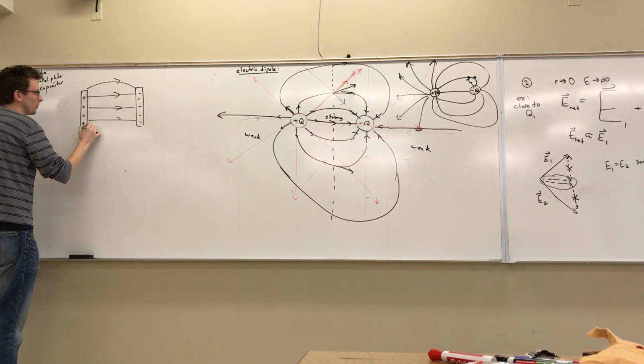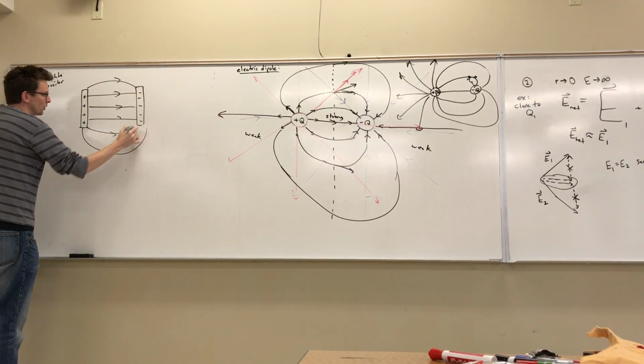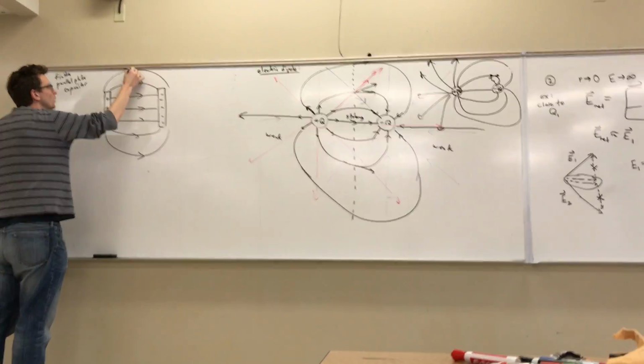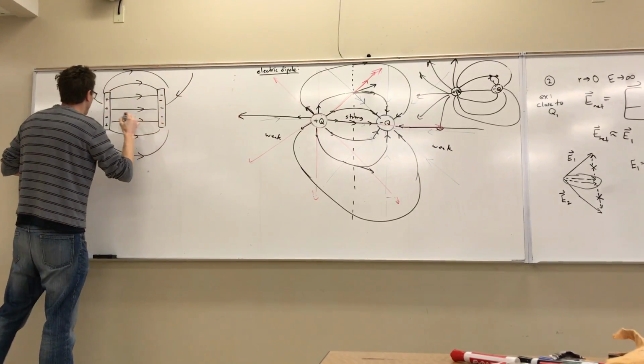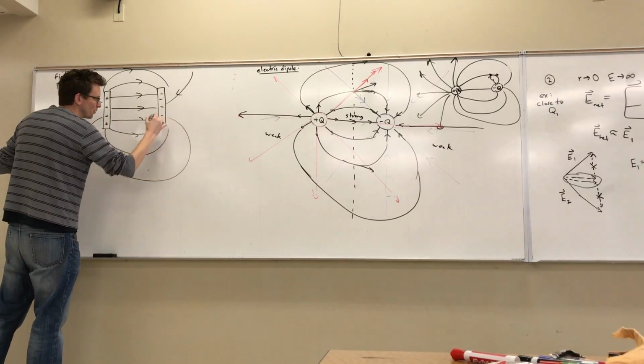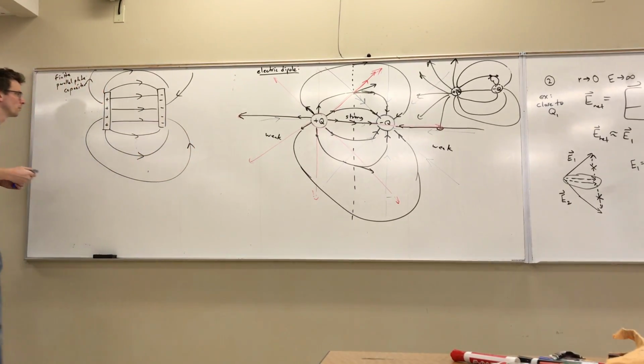It's not really so different. It hasn't really changed that much. So you can see the field is still strongest between the charges, and you can see that the field is still weakest out here.